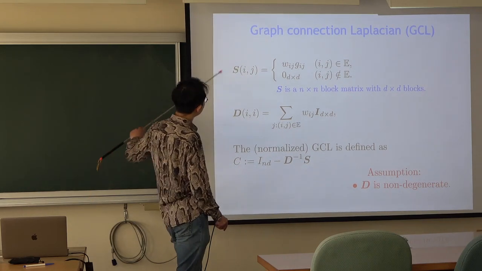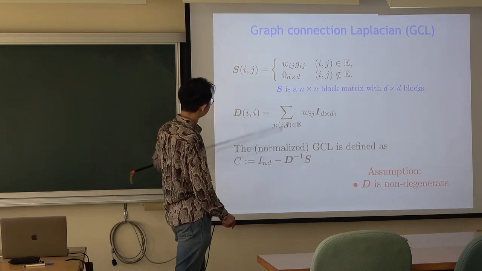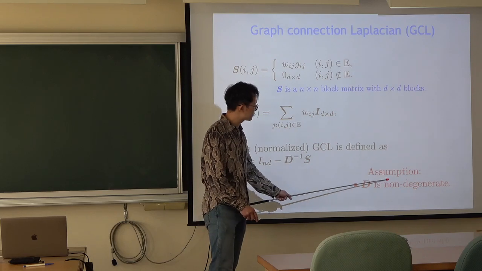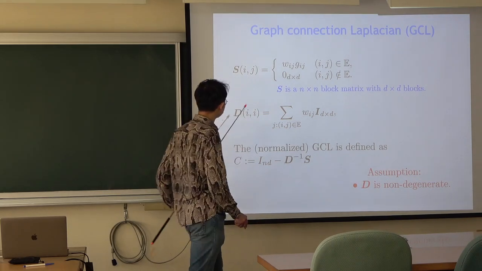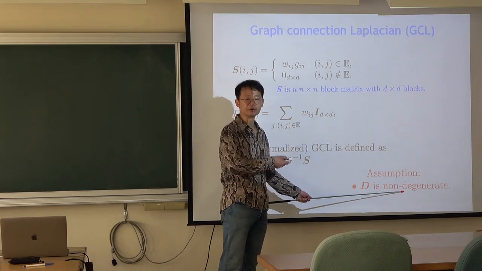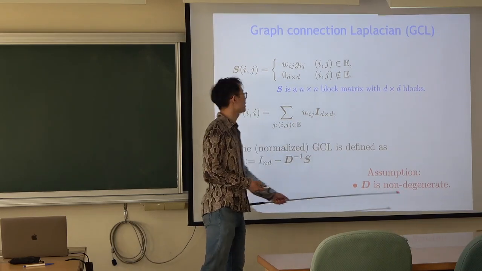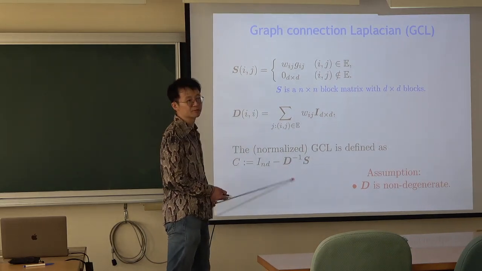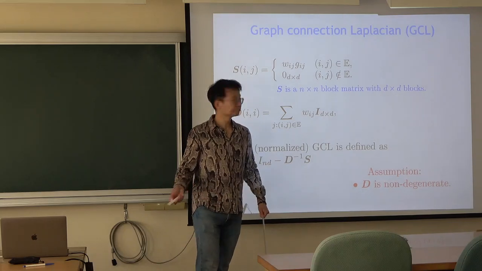And we will see another picture in the next slide. But before that, we made some assumption that this D matrix is not degenerate. This is the same assumption we made before when we considered the graph Laplacian. Otherwise, if it is degenerate, then how can you define D inverse, right? It's a very simple assumption.